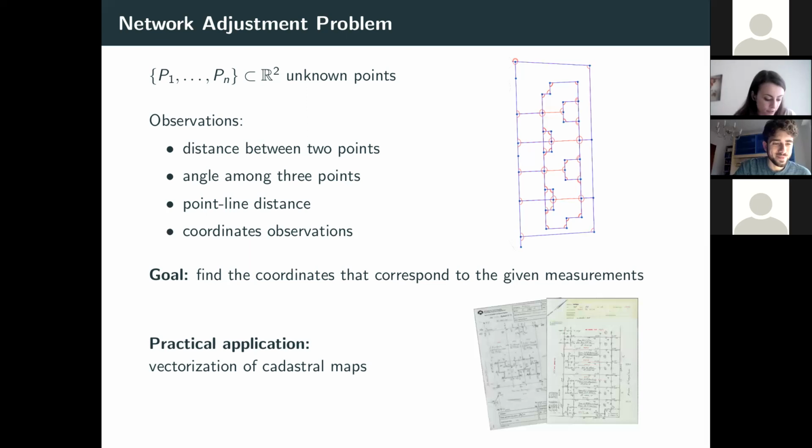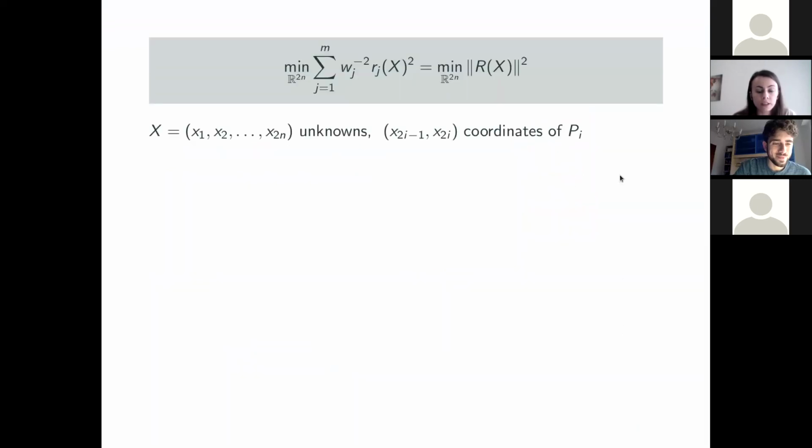Now, since the observations that we have are measurements that someone took in the real world, they are of course not exact. So we cannot hope to find a set of points that satisfies all the observations exactly. So what we do is to look for the set of coordinates that minimizes the error in the least square sense. So we define a least square problem where the unknowns are, of course, our coordinates.